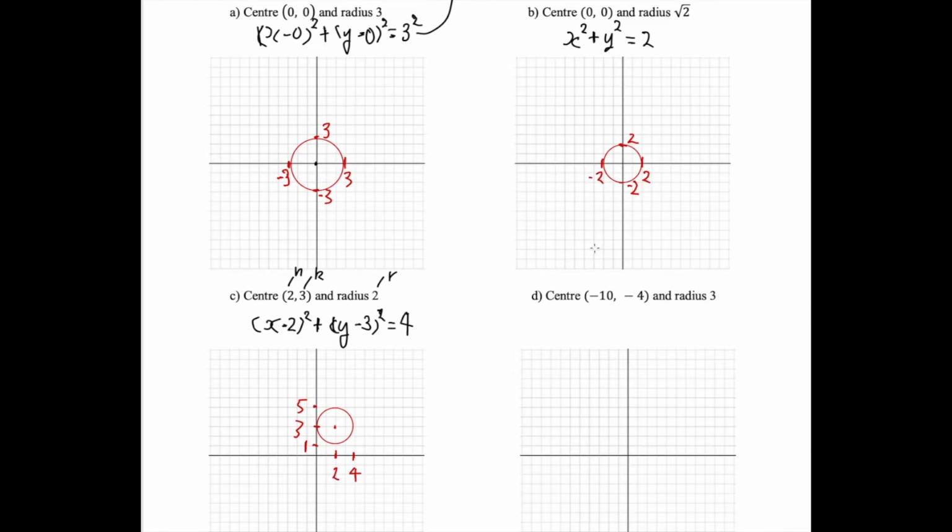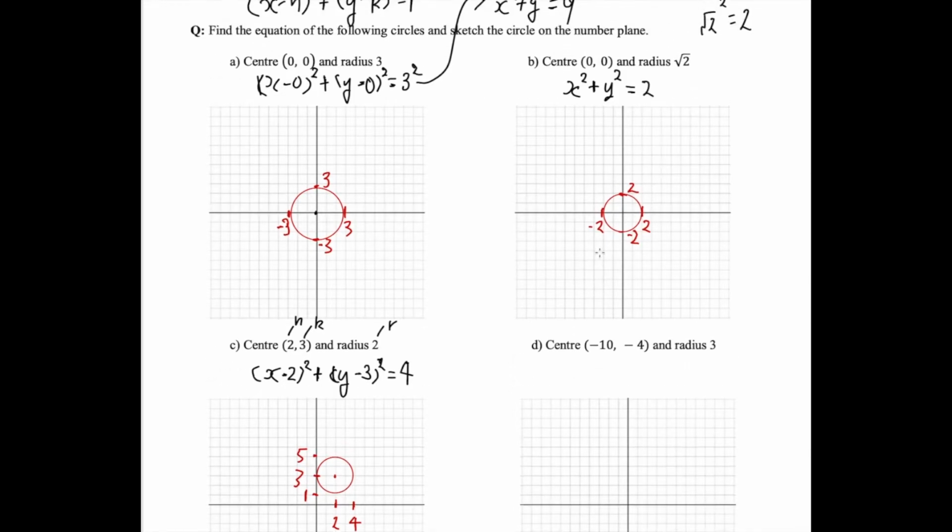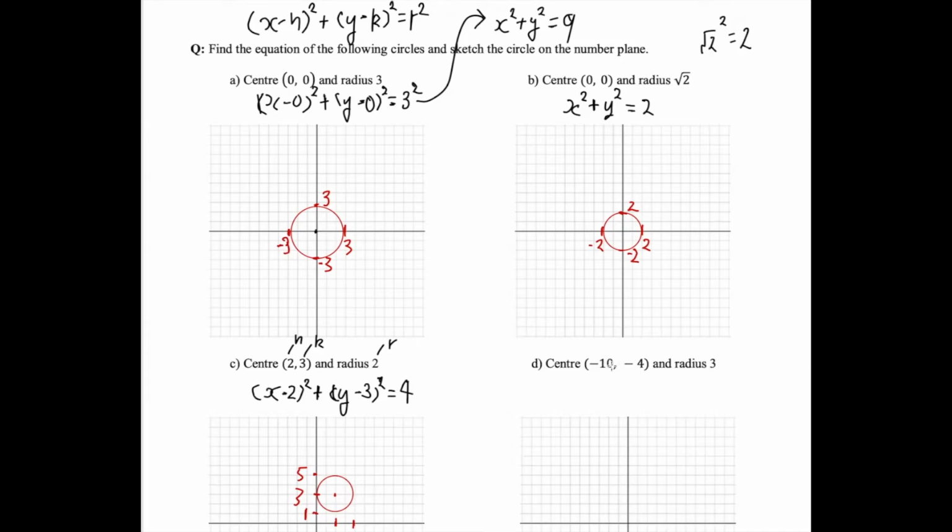This example is kind of the same thing, but the only difference is you have a minus this time. So you can just label this as H, this as K, this is R. We can just do the same thing. So we can do x minus h squared, so x. Now, when you have minus 10, that's the same as x plus 10, right?